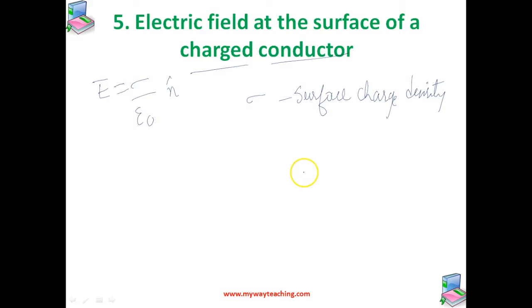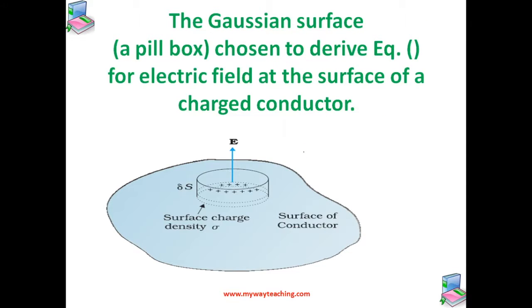So in order to derive the expression for this, we choose a pillbox, which is nothing but a short cylinder, as you can see in this figure, as the Gaussian surface about any point P on the surface.